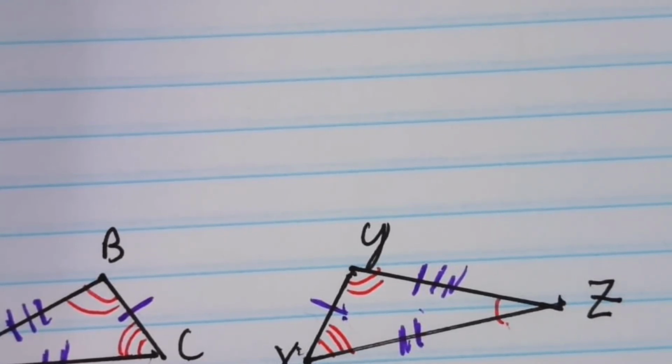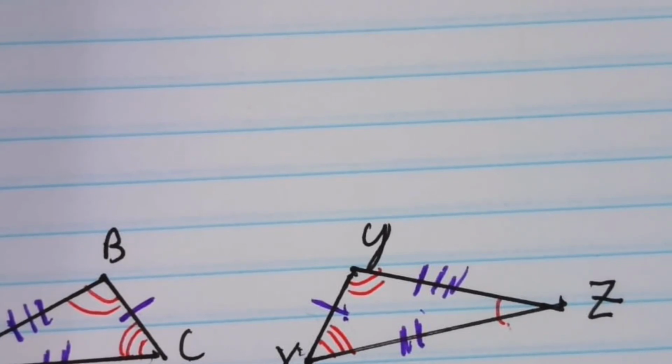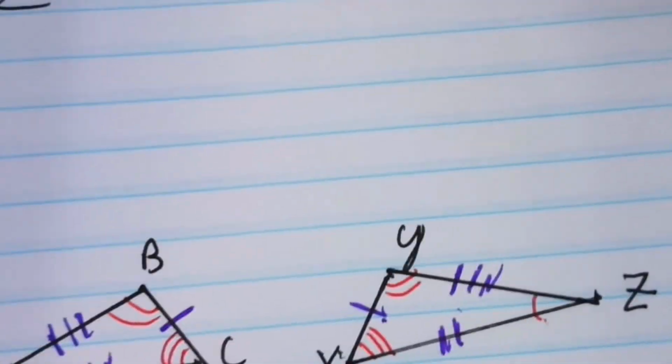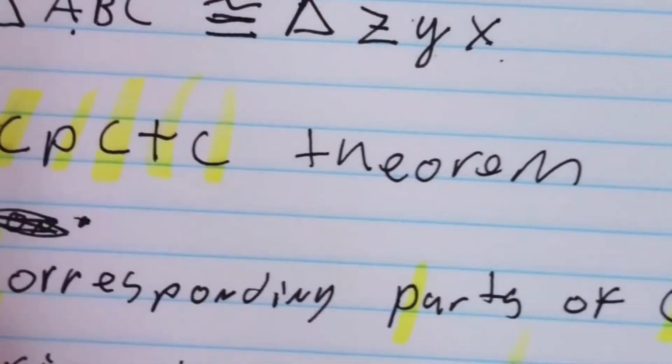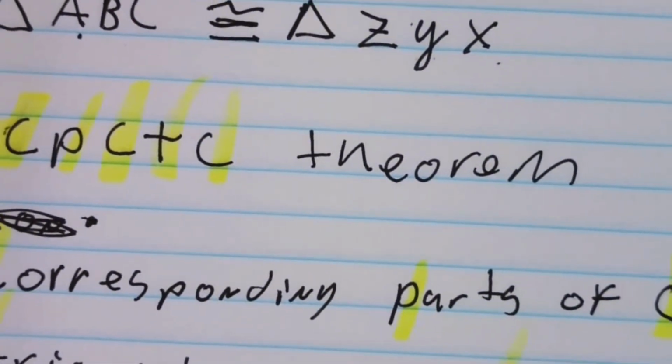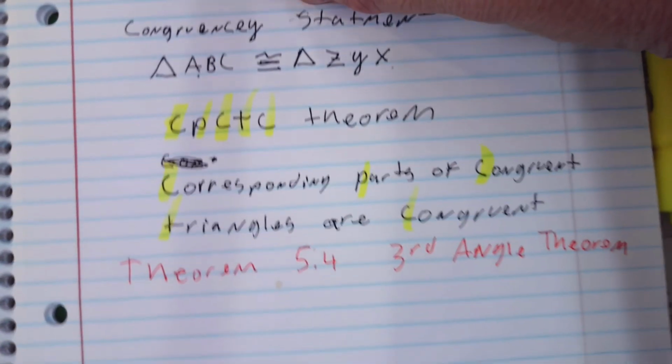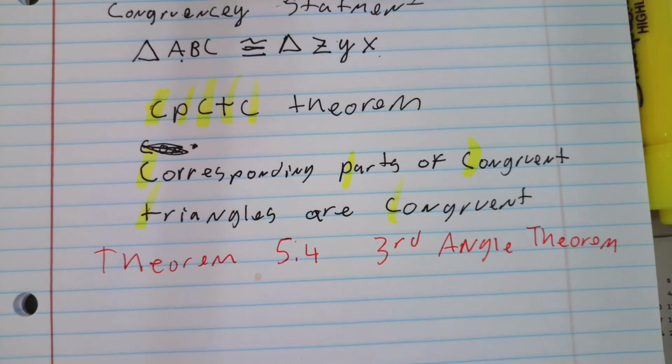You might not be able to see what I'm doing. So I will fix it in a second, because I'm all zoomed in. So I need to zoom out. Okay, so we do need to write down the third angle theorem. That's how I abbreviate it. And it basically states that if two angles in a triangle are congruent to two angles in another triangle, then the third angles are congruent, basically.